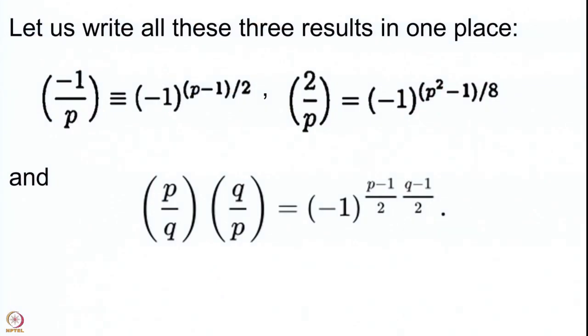There are 3 parts. Let me recall these 3 for you once again. So, these are the 3 results that we have in one place. The first one tells you how to compute the Legendre symbol for minus 1.